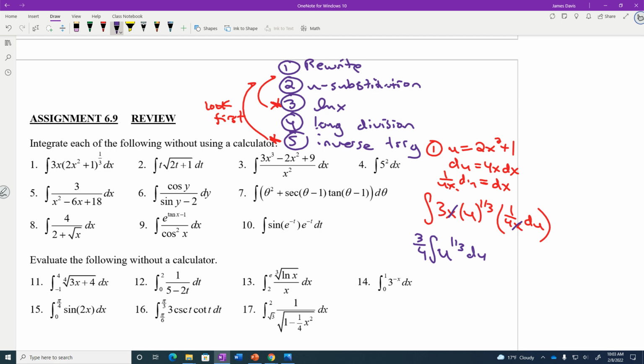That then is something pretty easy. We'll add one and divide. So go ahead and do that quick little integration there.